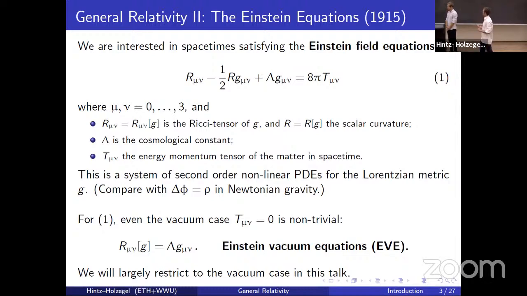You should think of that as a second order nonlinear PDE for the Lorentzian metric g. Compare this with the equations that the Einstein equations replace, namely the equations of Newtonian gravity, which are also second order, but elliptic equations where you specify a mass density and then you solve for the gravitational potential phi, which then gives you the gravitational field and so on.